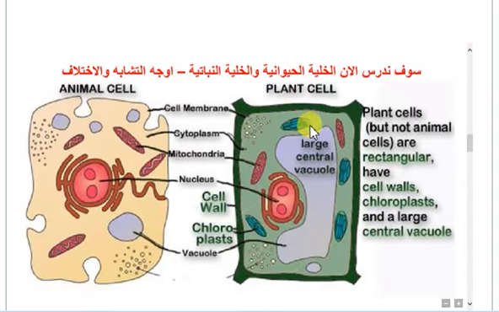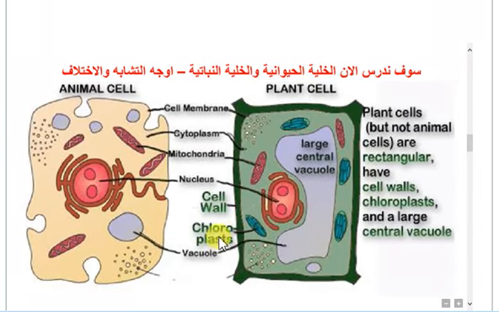Plant cell: cell membrane, cytoplasm, nucleus, and cell wall, chloroplast.